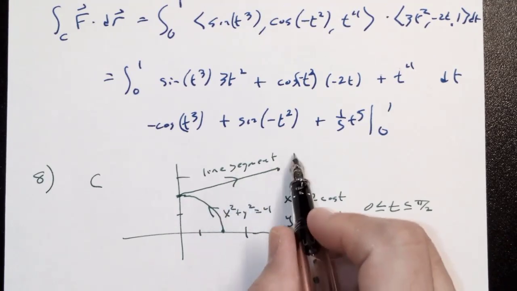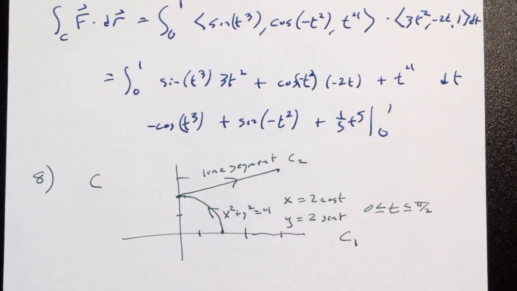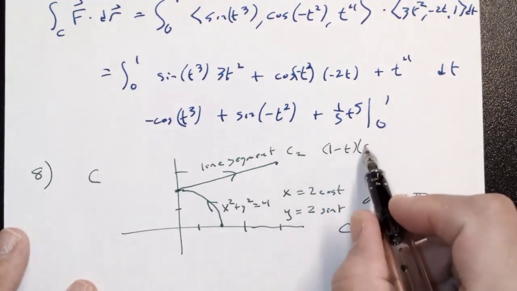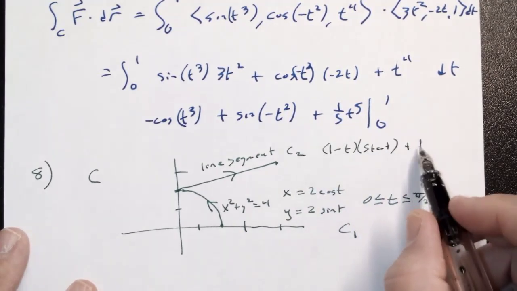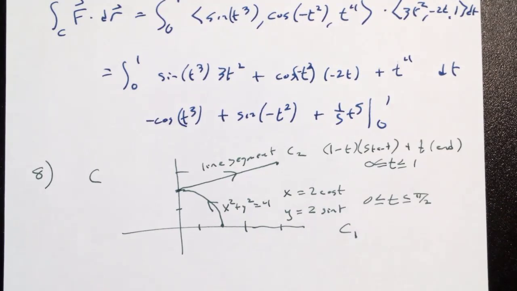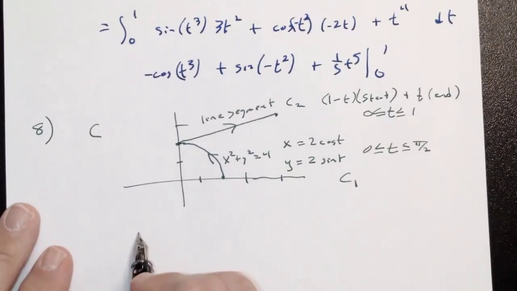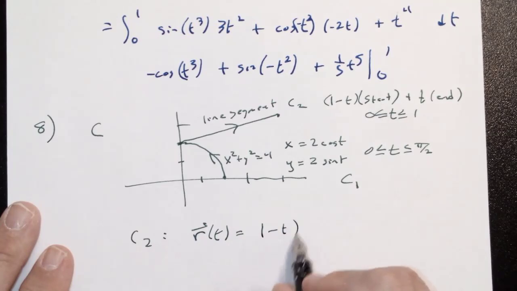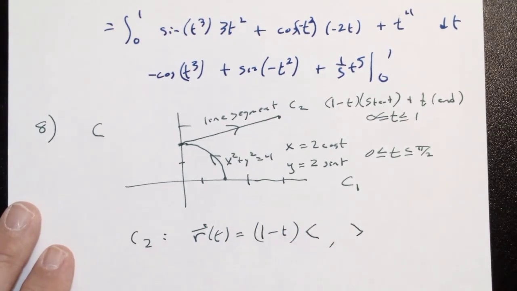Now I need curve 2, the line segment. This is the one where I have a formula written down. A line segment is 1 minus t times the starting point plus t times the ending point, 0 less than or equal to t less than or equal to 1. Every time. So C2: where did we start? (0, 2).